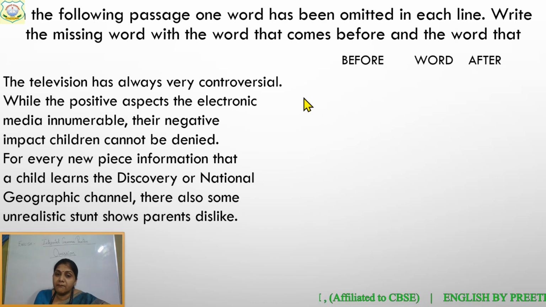Giving these numbers is very important, because when you write the answer in your answer sheet, you are not going to write this whole paragraph. This paragraph will be in your question paper.